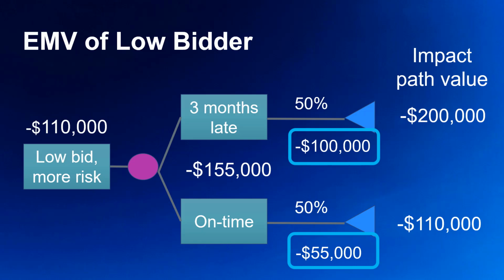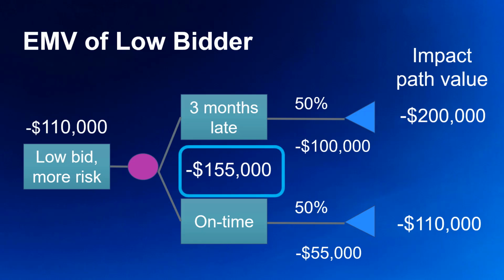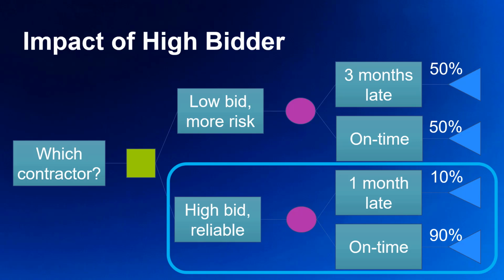So now you should already see how this calculates backward and forward. And then by adding the two figures up, we get to the overall EMV for our low bid contractor, which is minus 155,000. That was the calculation for our low bid contractor. We now need to do exactly the same calculations with our high bid contractor to determine the impact path value.